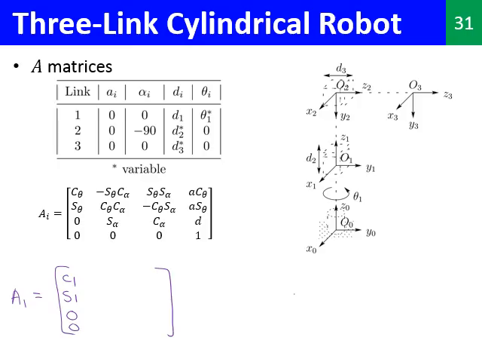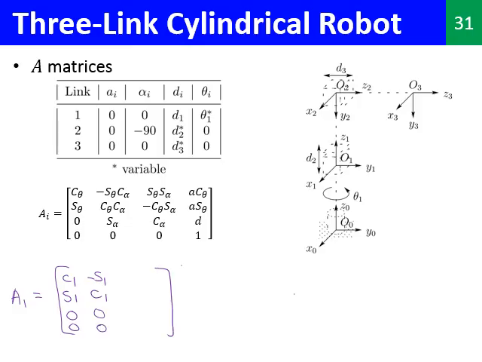Second column we have minus sin theta 1 and cos 0, therefore we have minus S1, and we have C1, sin 0 is 0 and another 0 here.